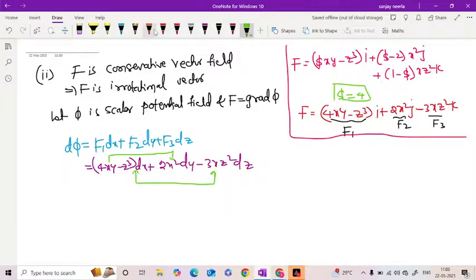So come to the first part. First part we will get 4xy into dx plus 2x square dy. So 2x square dy, that means here write y into derivative of 2x square, we can write plus 2x square dy. Now it is a into derivative of b plus b into derivative of a. This total we can write derivative of 2x square y.